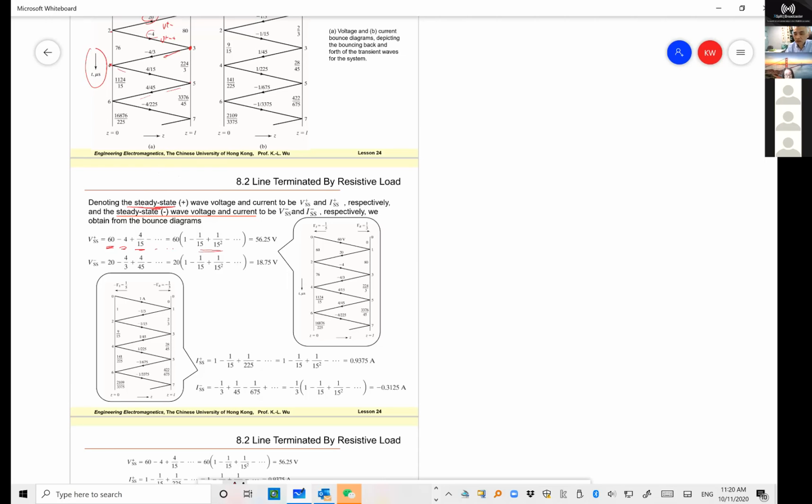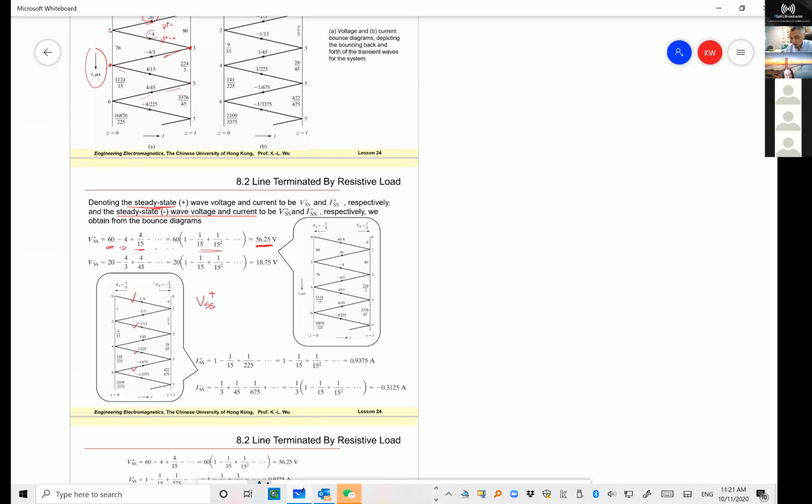Then you can easily find this voltage. I pick this, this, and this, because all these add together to become the steady state in the positive z direction.